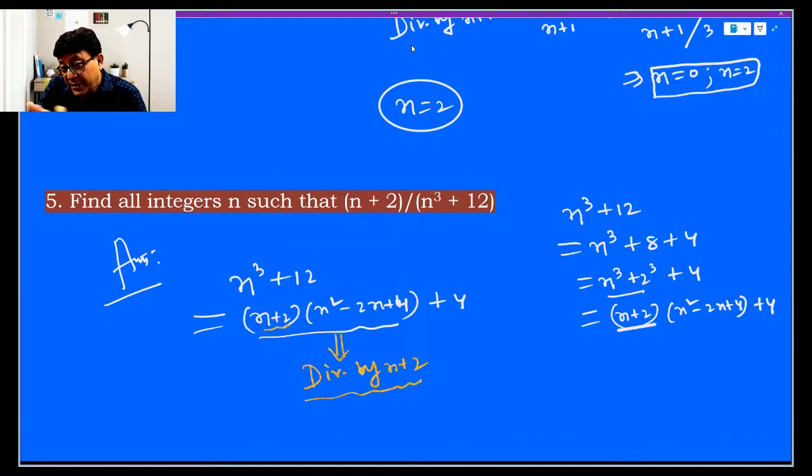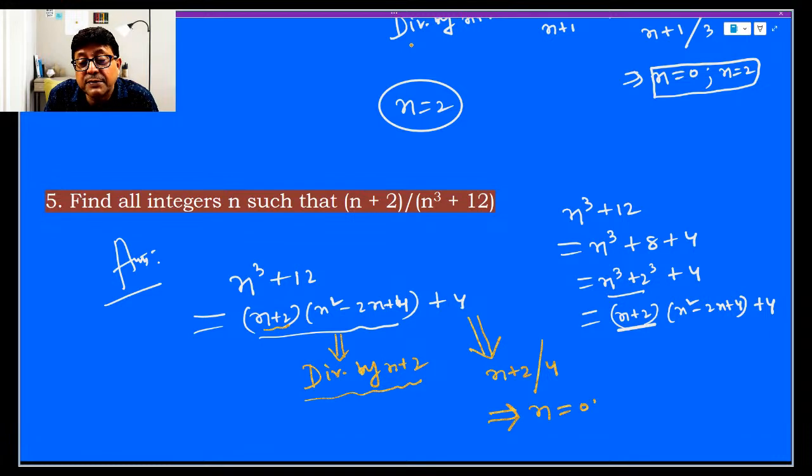Now for divisibility of the whole of n cube plus 12, this part must be divisible by n plus 2. That is, n plus 2 must divide 4. What are the values of n you suggest? You go by trial and error method, because 4 is a very small number.